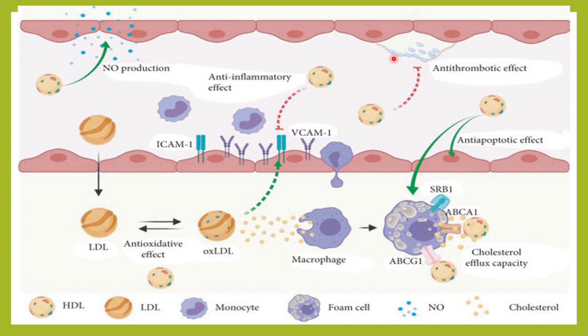This is an anti-thrombotic effect. It is preventing the platelets from aggregating here. Anti-apoptotic action, so that the vascular endothelial integrity is maintained. It will see that the excess of cholesterol is removed, so that there is no formation of these foam cells, etc. It will prevent the oxidation of this LDL, so that it will not damage the cells here and start forming these plaques. So all these are the functions of your HDL.